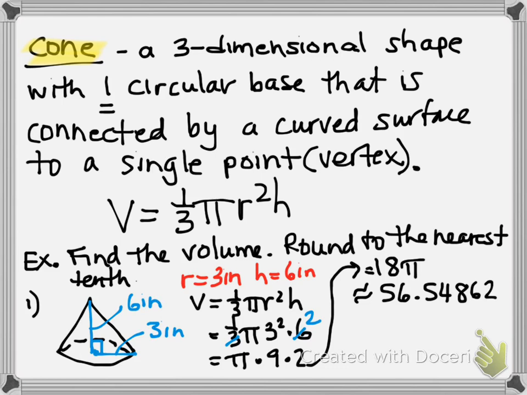Now again, all I really care about are the first 2 numbers after the decimal point. Is 4 large enough to round 5 up, or does 5 stay? Okay, it's just shy of being what we need. So basically our answer is about 56.5, and what would the label be for this one? Cubic inches.